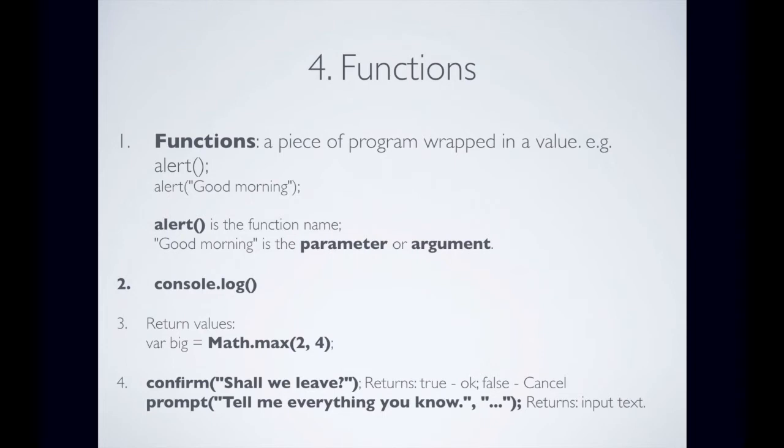And then prompt is also similar. It will pop up a window that allows you to input something. The first argument you pass is the message to your user. Here we say, tell me everything you know. That would be like the introduction. And then the second argument is the hint in the input box, because prompt allows you to input something, and then the return value will be the input text.